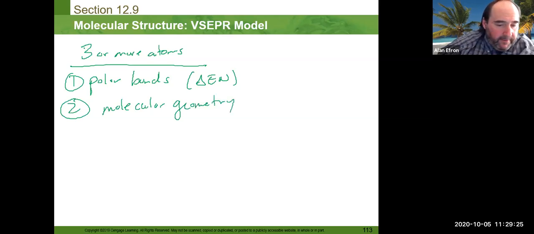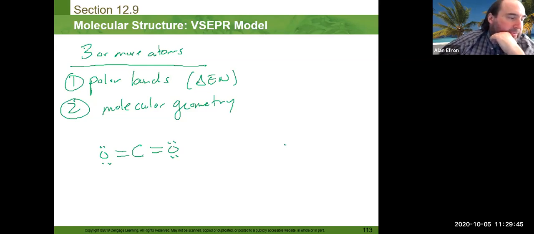So for example, a classic example, if we look at CO2 here, this is what the Lewis structure should look like. And the first thing we want to determine is whether there are polar bonds between carbon and oxygen. You could do that by simply looking at the periodic table.